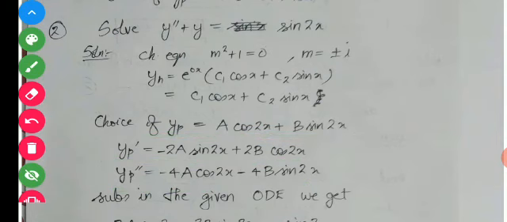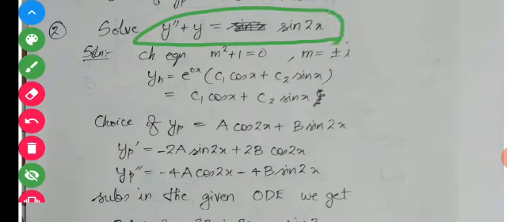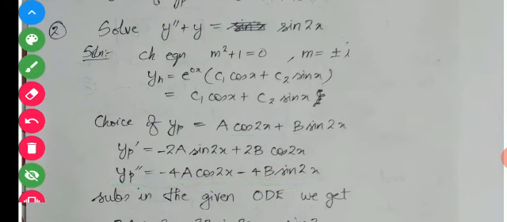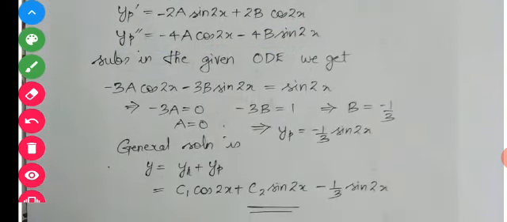Now the next step is you have to substitute this yp, yp dash, yp double dash etc. in the given ordinary differential equation. So it actually becomes yp double dash plus yp equal to sin 2x. Now yp double dash is found here, yp is also found here. Now adding those, you get it as minus 3a cos 2x minus 3b sin 2x is equal to sin 2x.